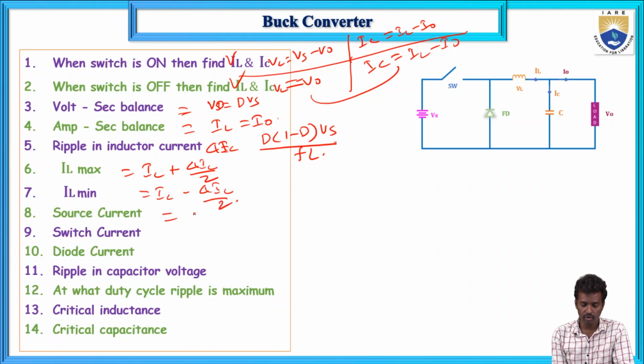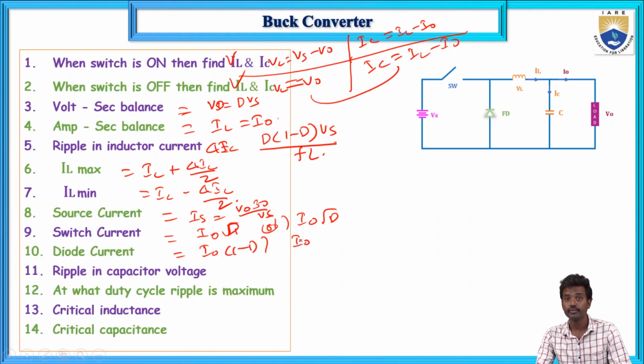Source current equals V naught I naught by Vs. Switch current: I naught square root D is the RMS, I naught D is the average current, and I naught square root of 1 minus D is the RMS for the other.